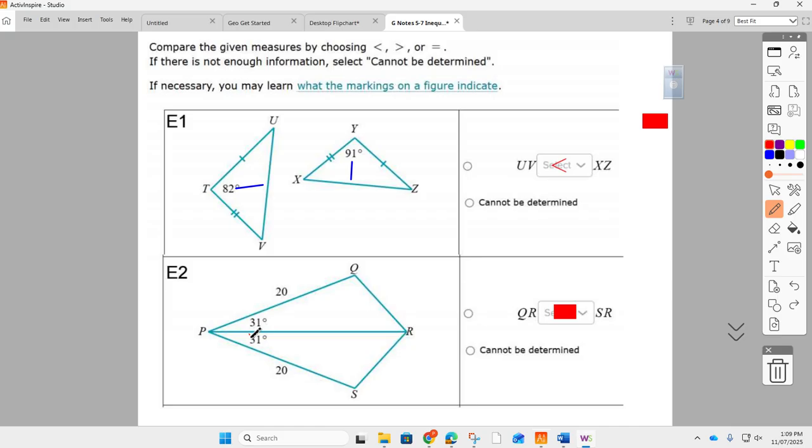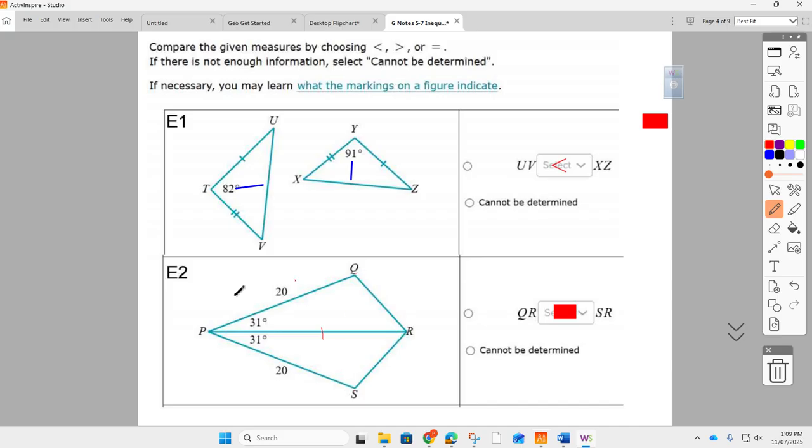PR? 31 has nothing to do with PR, right, buddy? It's a degree, it's an angle measure. You have to know that at this point, right? That's an angle measure. PR is the side in both triangles. So while it's not marked congruent and it's not marked as a measure, we could say that PR is congruent in each triangle.